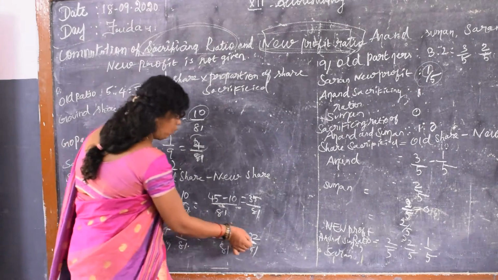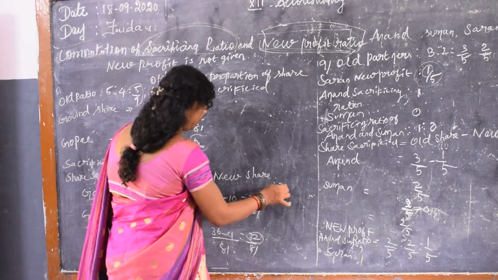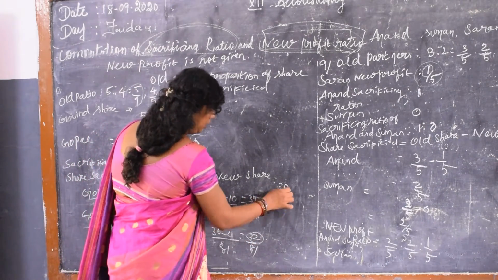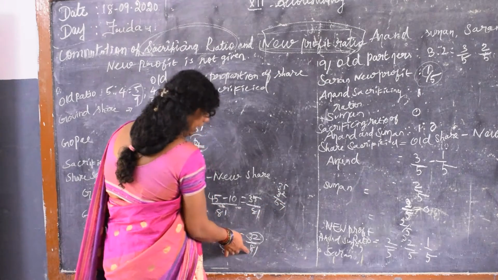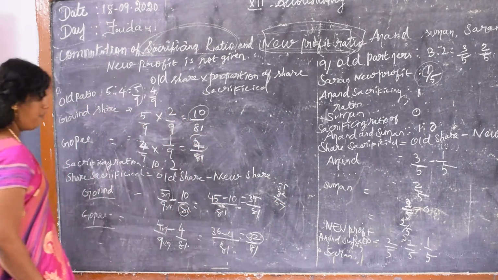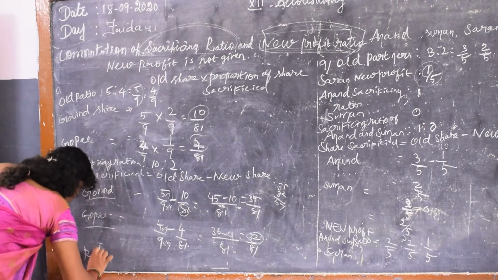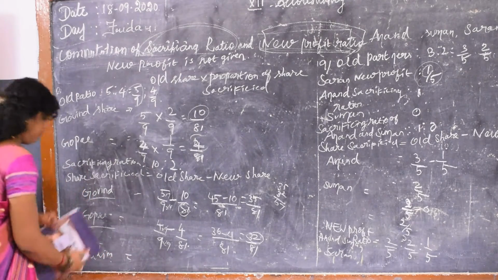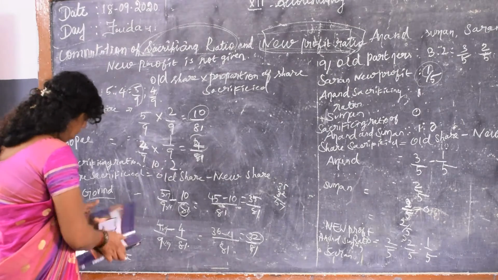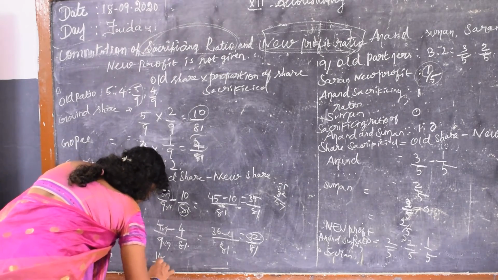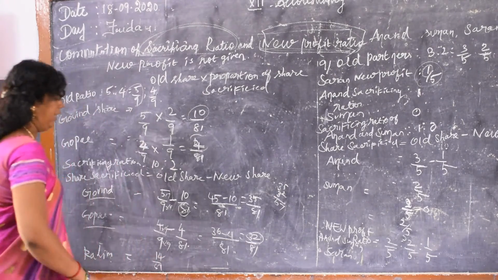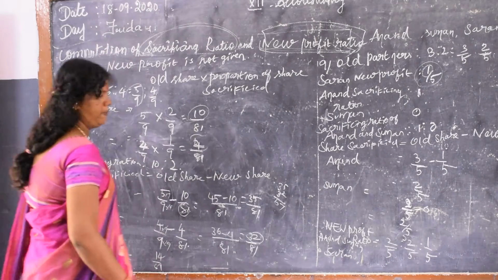If you add both, 35 plus 32, you will get 67. From the 81, deduct the 67. For Ram, easily you can say you will get 14. The ratio will be 14/81.